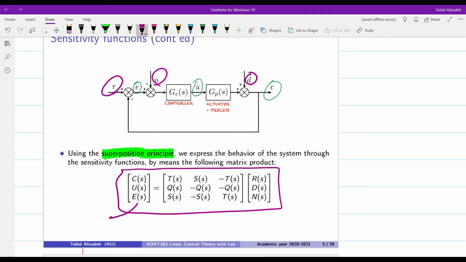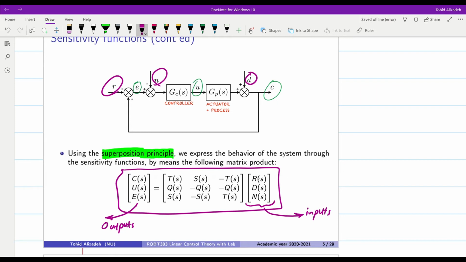On the left hand side, we have the outputs in the form of a vector. And on the right hand side, we have the multiplication of a matrix by the vector of the inputs.